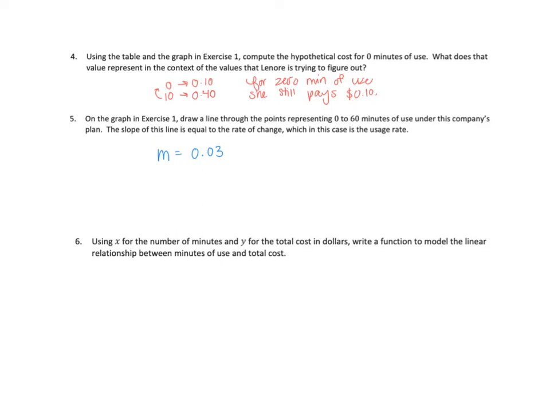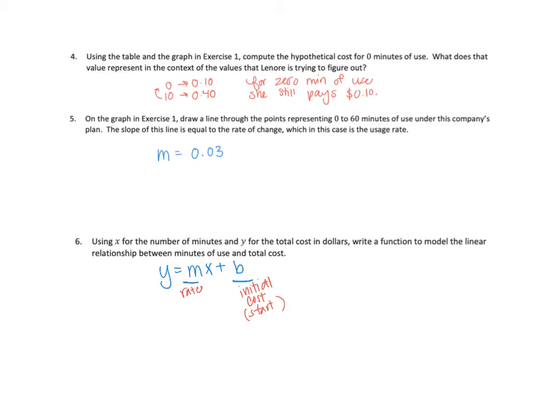So remember, we write our equations in the form of y equals mx plus b, where m is our constant rate and b is our y-intercept, or our initial cost. Okay? Where are we starting? All right, and then this is what we add on each time, or every minute. So this is our constant rate.